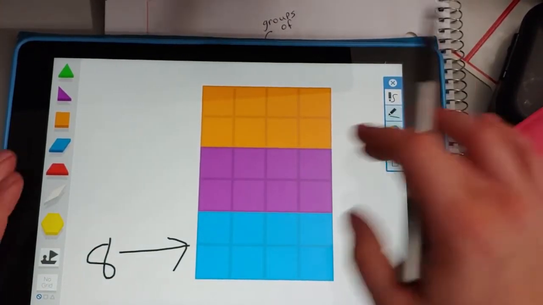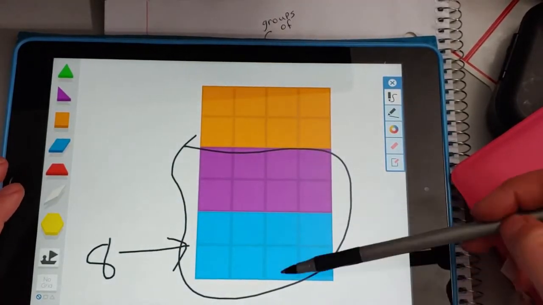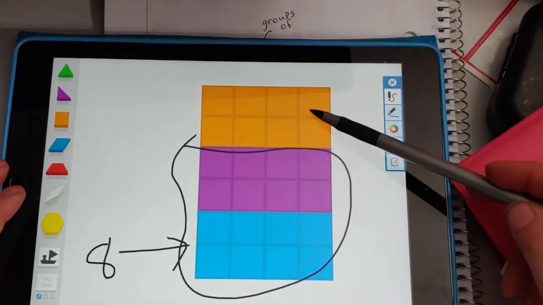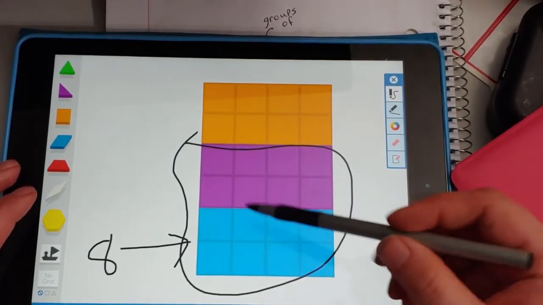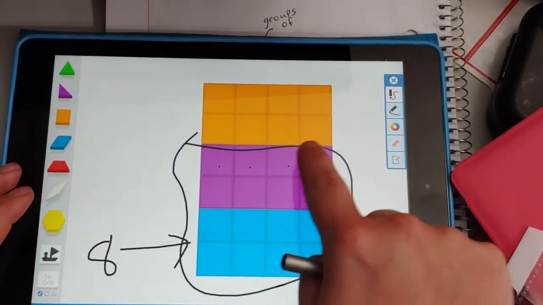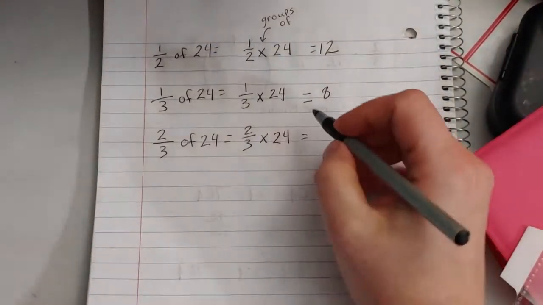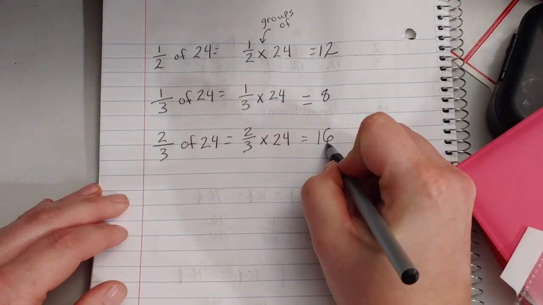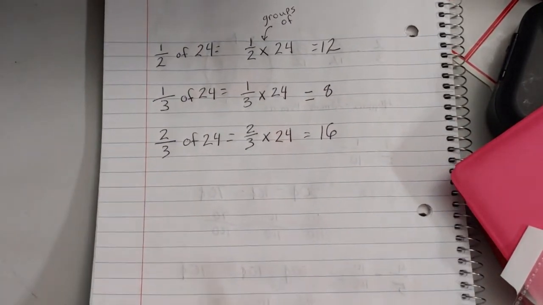But now it wants to know 2 groups. What is 2/3 group of 24? So 8, 9, 10, 11, 12, 13, 14, 15, 16. Because we knew that 1/3 was 8, 2/3 was 16.